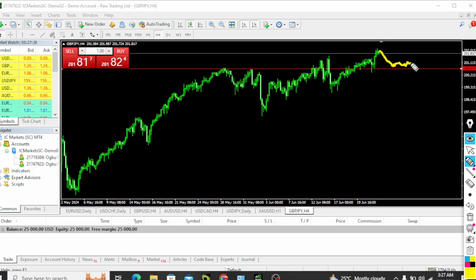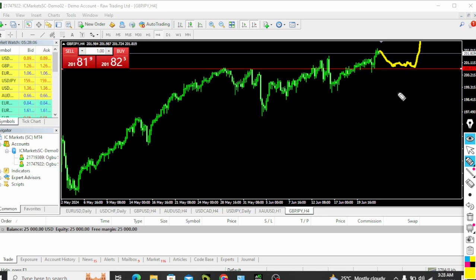The pair is going to take off again and move to the upside. By then, any trader trading on a good enough account will see themselves in millions of profit, depending on your account size.